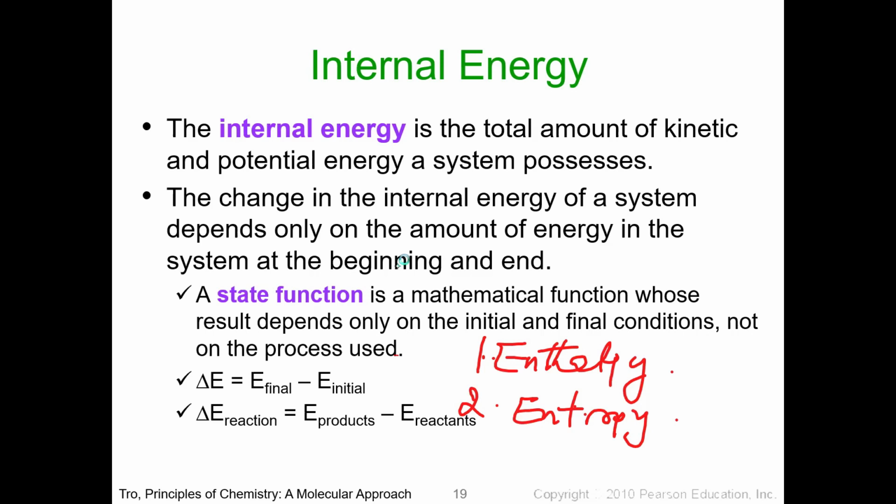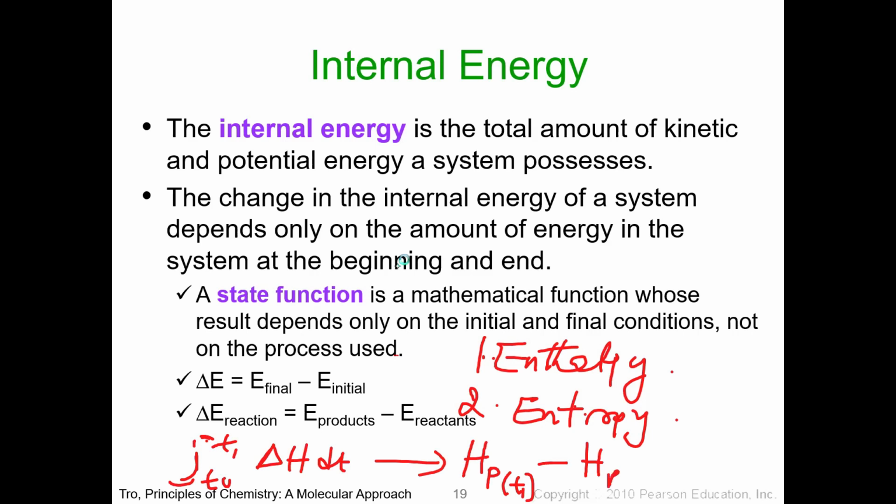So that is why, for example, you can have an integral from T naught to T1 of delta H dT, that is the differential of delta H. Finally, you just have the enthalpy of products at T1 minus the enthalpy of reactant at T naught.